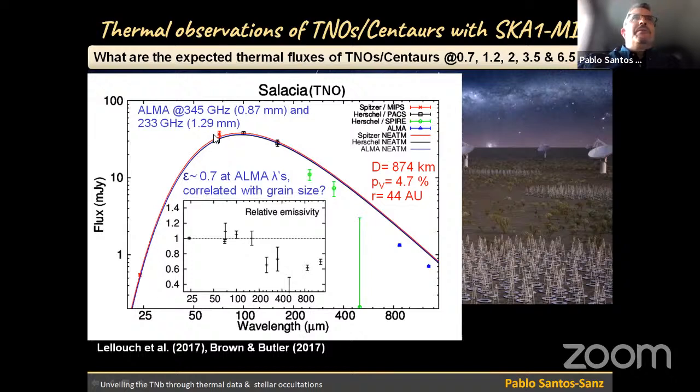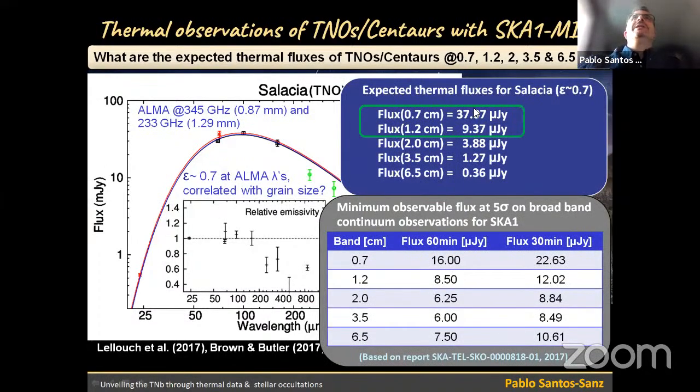In red, for example, I have the data from Spitzer. In black are the data from Herschel PACS. In green, Herschel SPIRE, and in blue are the data from ALMA. We can extrapolate this fit to the wavelengths of SKA, and if we do that, we obtain that at least for the shortest wavelength, we can detect the thermal emission of Salacia.